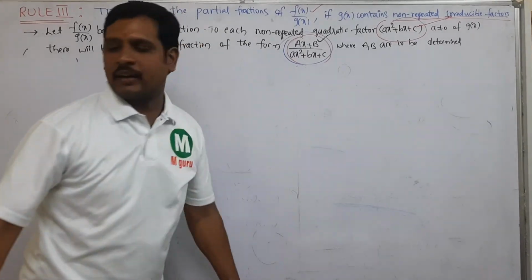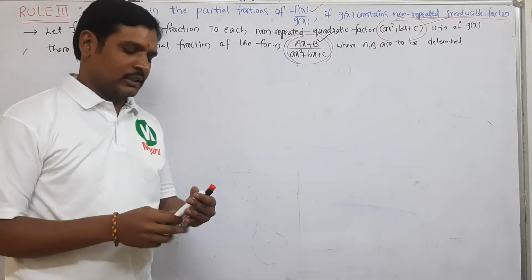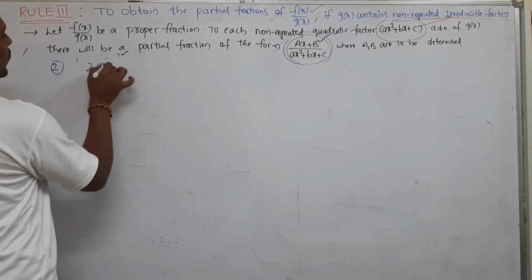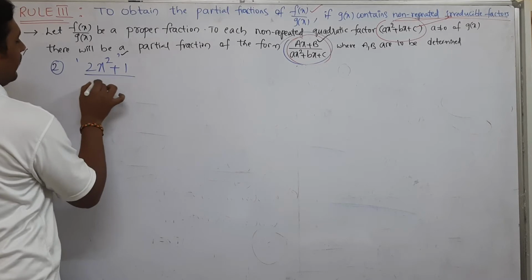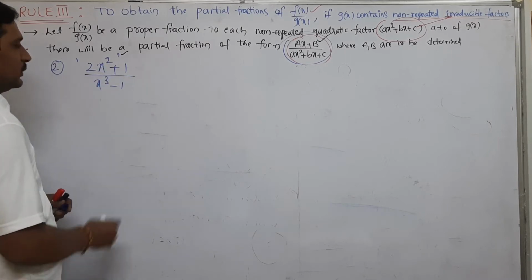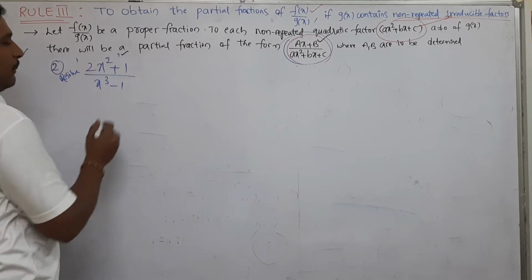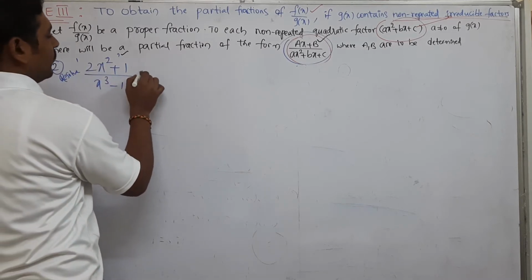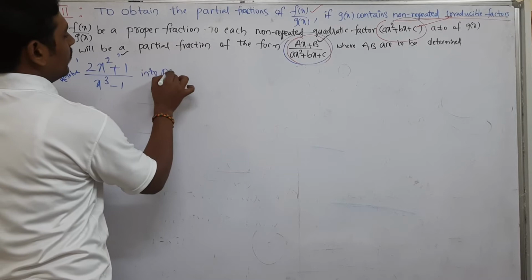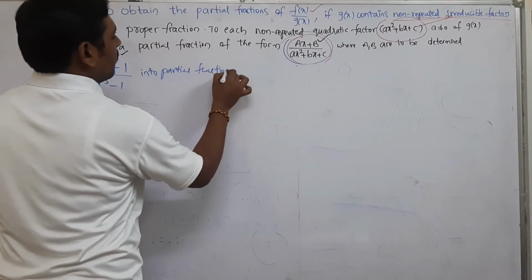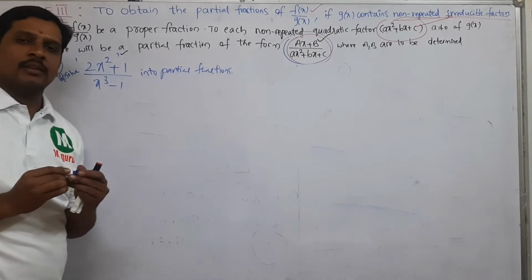Let us go for the next example. The example is 2x square plus 1 by x cube minus 1. Resolve 2x square plus 1 by x cube minus 1 into partial fractions. So this is the question, right?